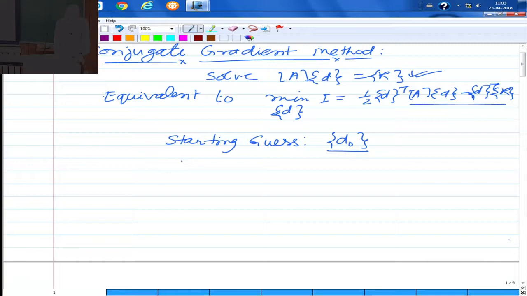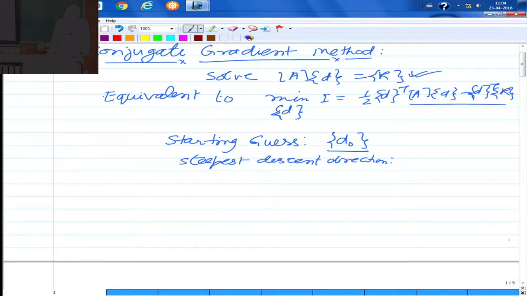Then at the starting point you actually use the steepest descent method. That means from the starting point you move towards the minimum along the direction of highest rate of decrease of the function, which we call the steepest descent direction.